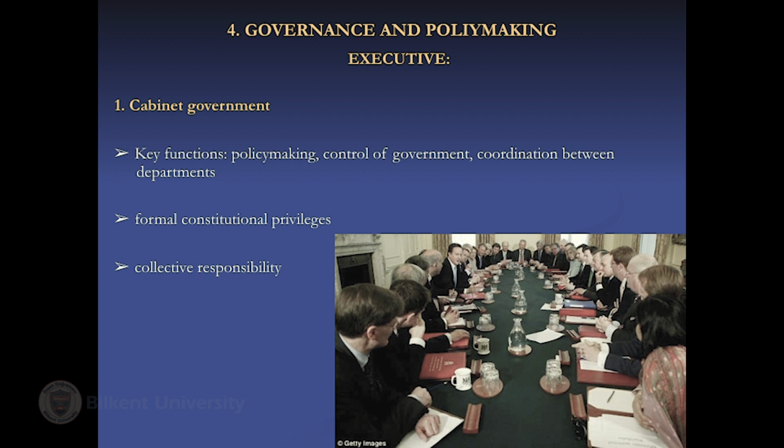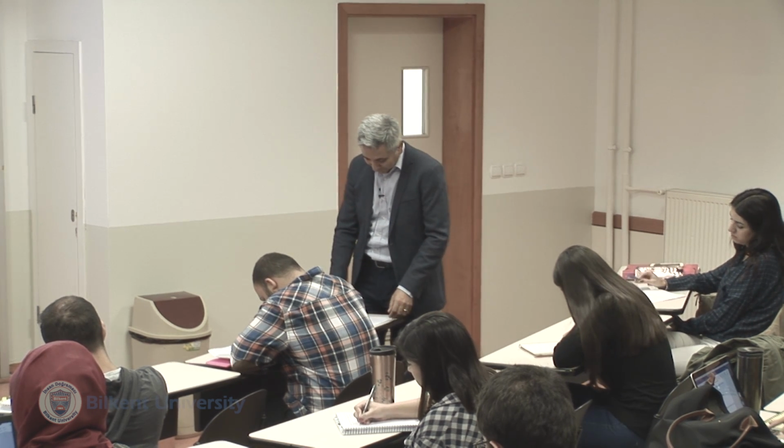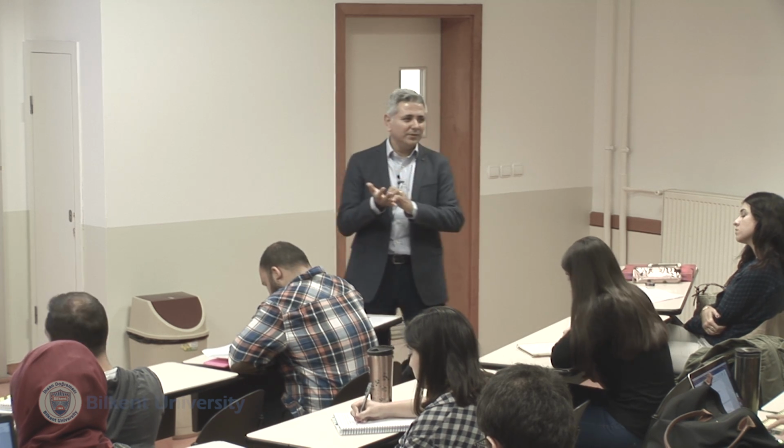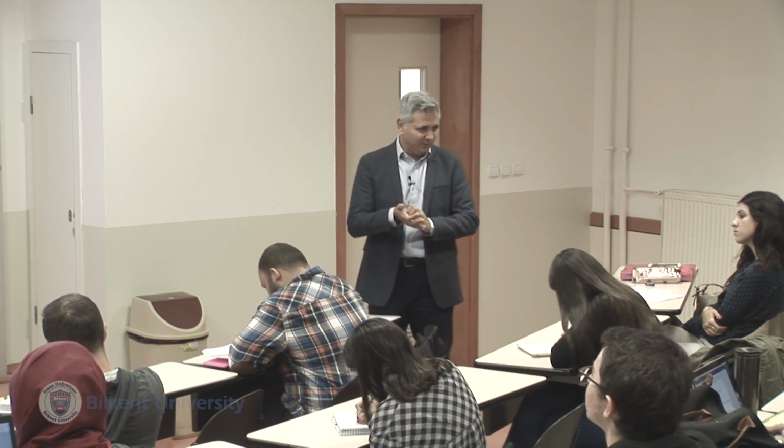What does the British executive look like? When we talk about the British executive, we start with the cabinet government. Here we have key functions of the ministers. How is the government formed after the elections?